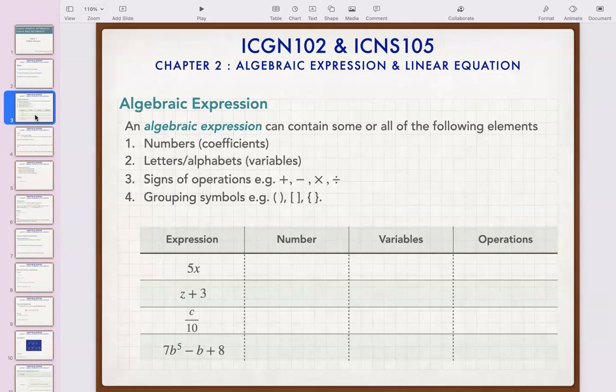What is the number element of 5x? 5, that's right. And what is the variable of 5x? x. What is the operation? Times or multiplication, that's correct.